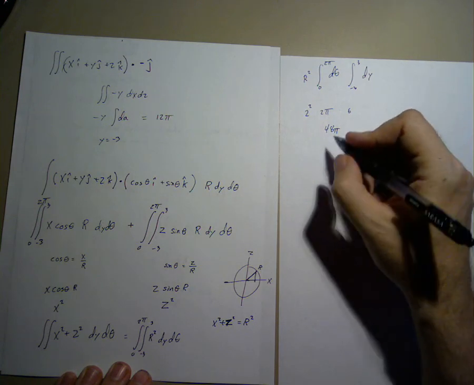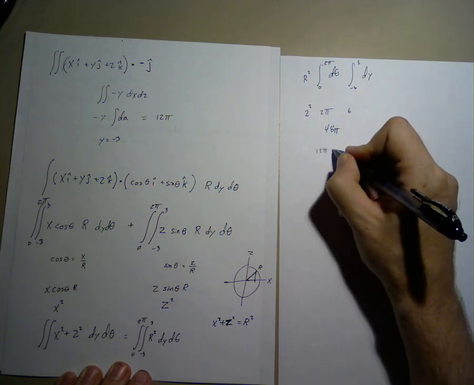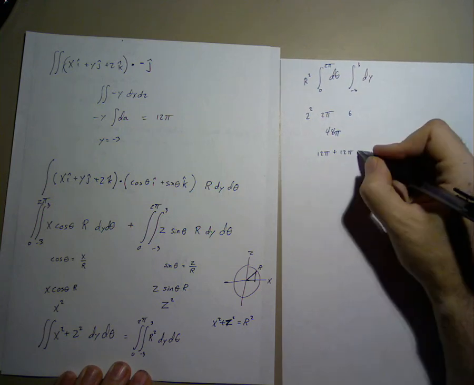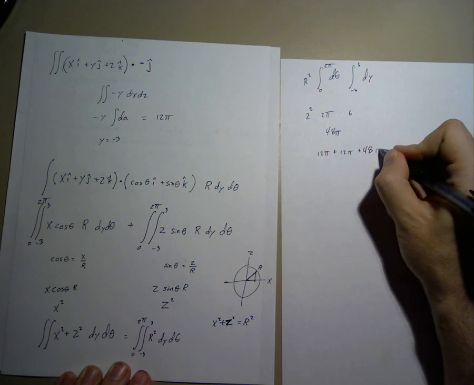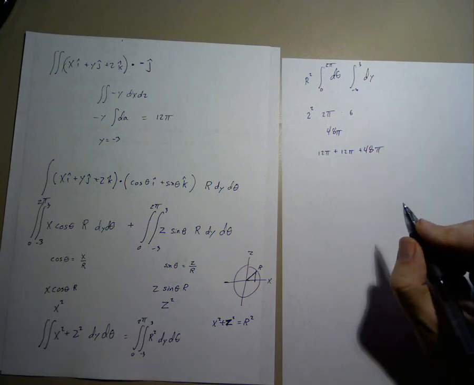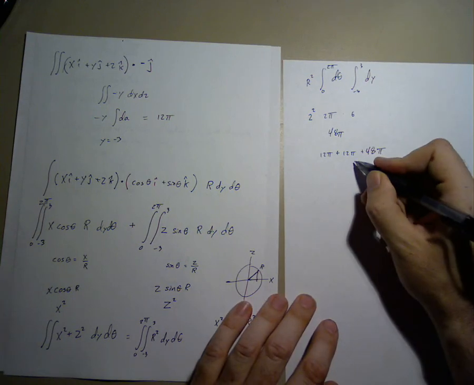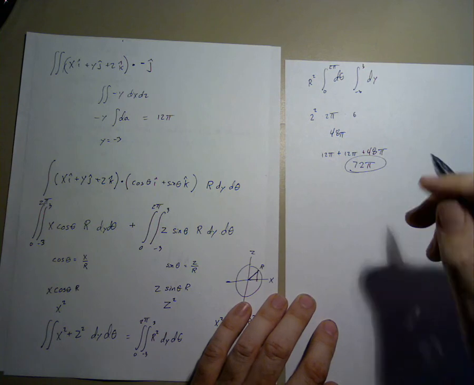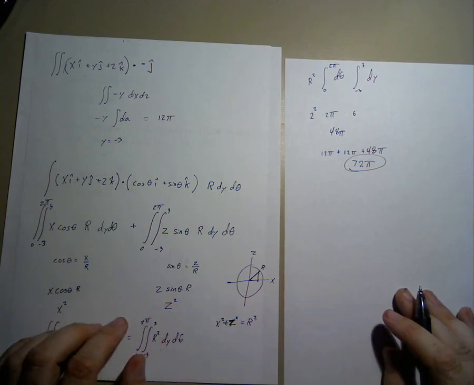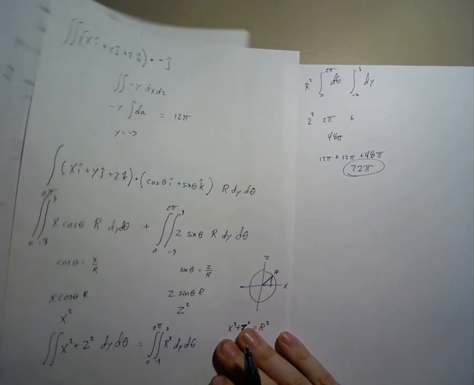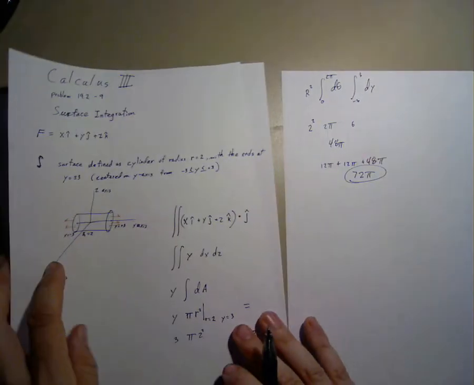Which means we have 12 pi plus 12 pi from our ends plus 48 pi gives us 72 pi as the total flux through our surface, being the surface of the cylinder.